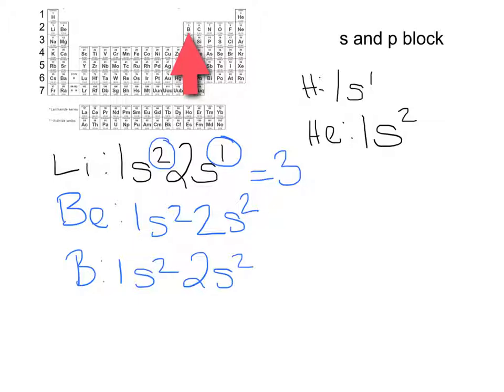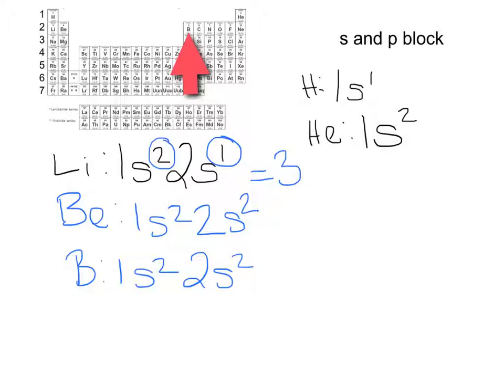I'm not there yet. I've accounted for 1s, I got all the way here. 2s, I went all the way there. Now I need to enter P block. I've already counted these 2 spots right here. I am still in the second row, so I'm going over 1 in P block.